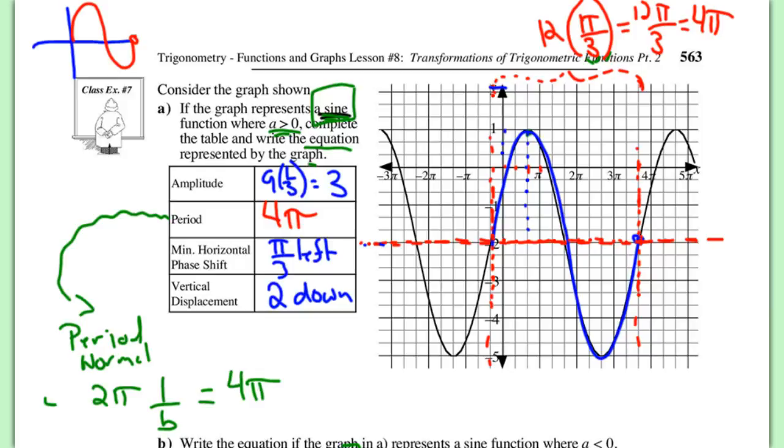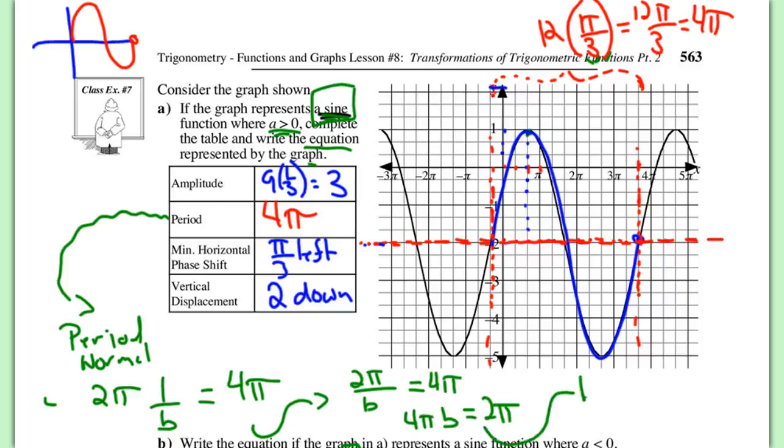What was b? Well, b must have been a half, and you could cross multiply or use common sense, but 2 pi over b equal to 4 pi means that 4 pi b is equal to 2 pi, and if I solve that for b, b equals 1/2. And you might say, well, I'd like you to do this, Mr. K. 2 pi divided by 4 pi equals 1/2.